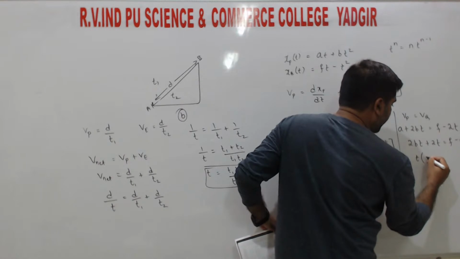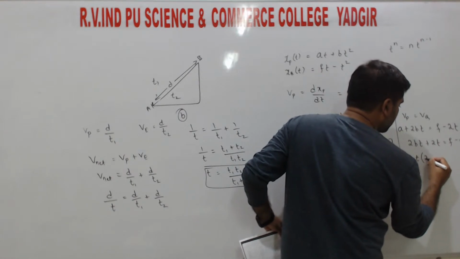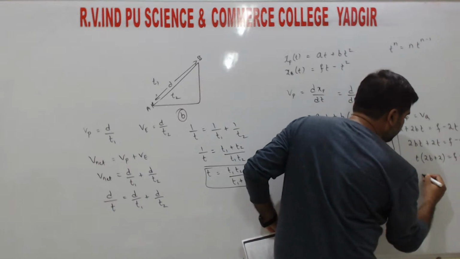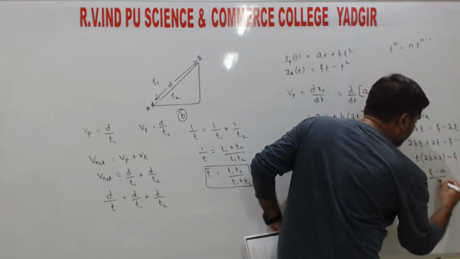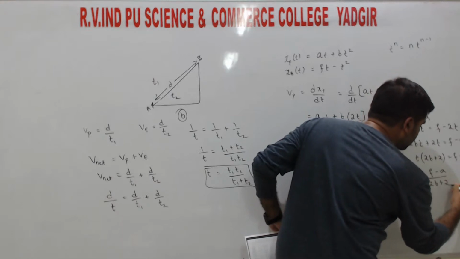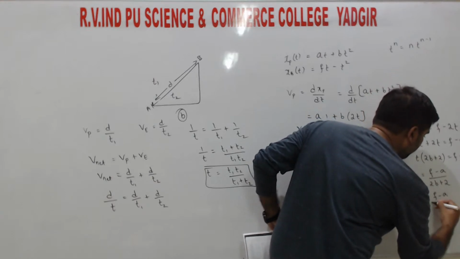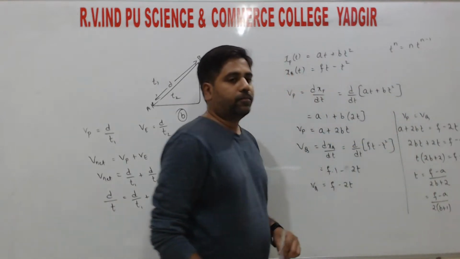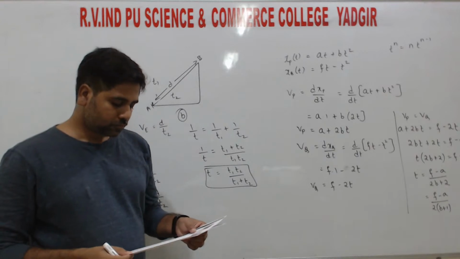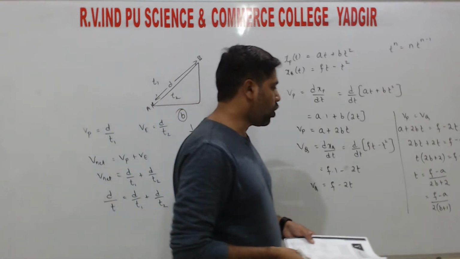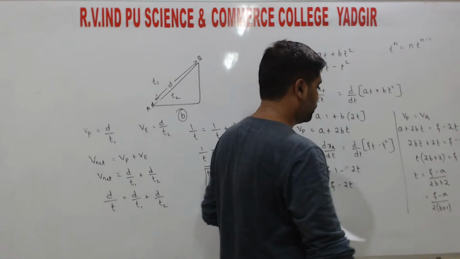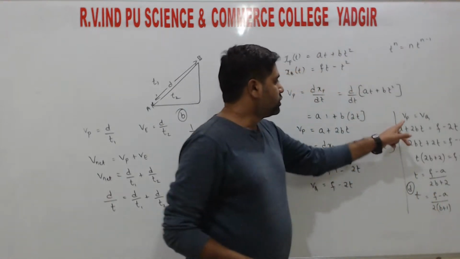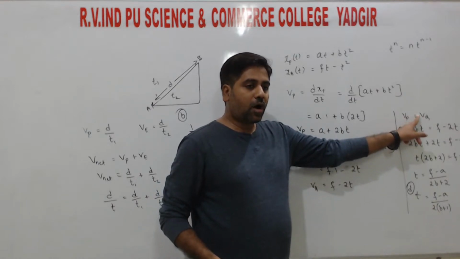Taking t as common, t into (2b plus 2) is equal to f minus a. So t is equal to (f minus a) divided by (2b plus 2), or we can write this as (f minus a) into 2 divided by (b plus 1), or 1 plus b. So the option is option D. So we get the time at which the velocity of car p is equal to the velocity of car q.